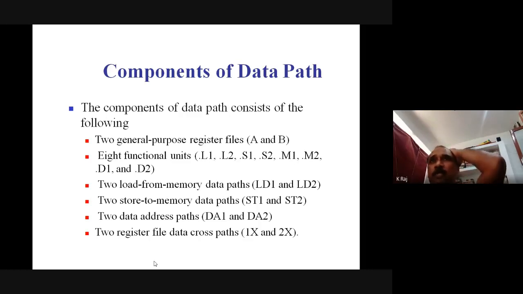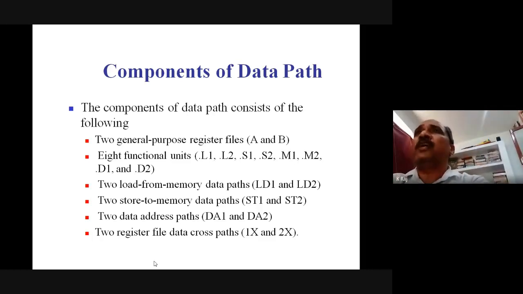The components of the data path are the two general purpose register files A and B, 8 functional units, that is the .L1, .L2, .S1, .S2, .M1, .M2, .D1 and .D2, two load-from-memory data paths, that is the LD1 and LD2, and the two store-to-memory data paths, that is the ST1 and ST2, and two data address paths DA1, DA2, two register file cross paths, that is the 1X and the 2X.